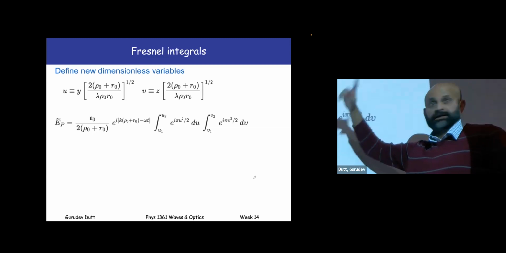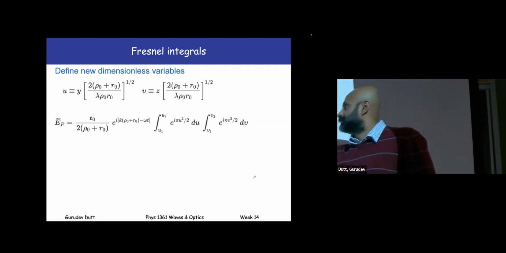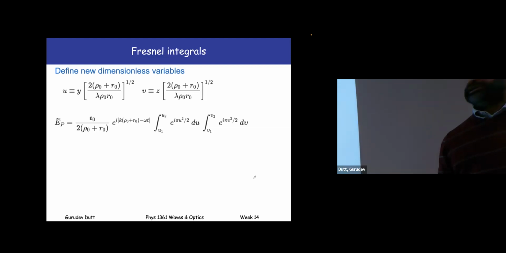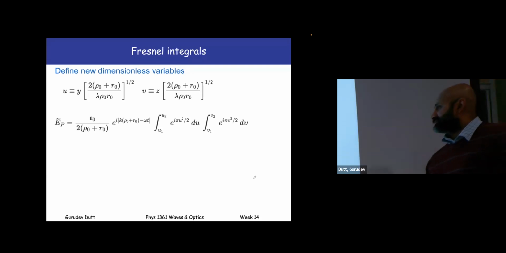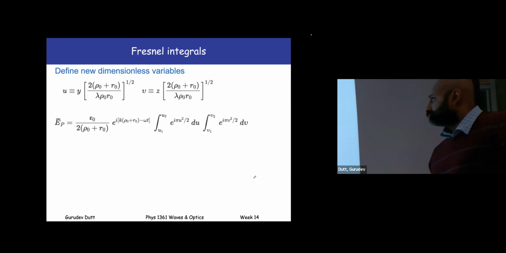So everything in that previous integral has now been written in terms of this new variable u. Similarly with v, of course. You should verify for yourself that du and dv are exactly the same as dy and dz, except for some factors, and that's all unimportant and can be absorbed into the amplitude, for example.